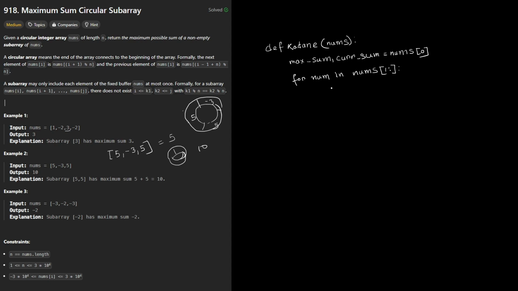Now the important thing is, what would be the current sum? The current sum is going to be the maximum of the number, because in case it's negative we start fresh with the number, or I can add it to the current sum.